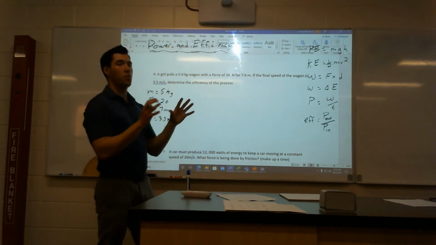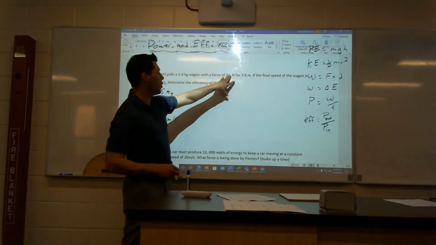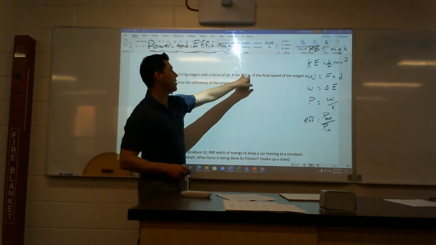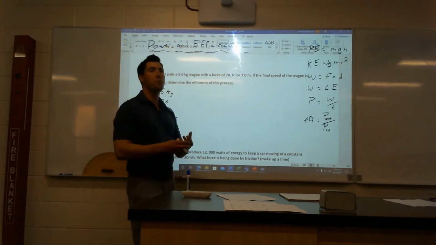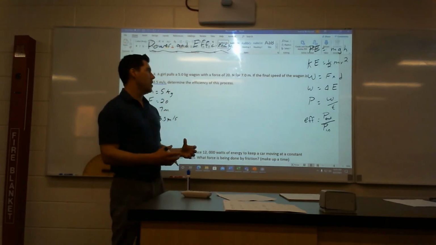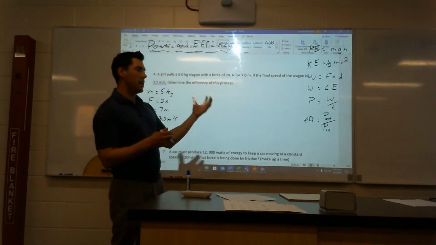And I can find work two ways here. There's the work that she actually put in. She gave a force, and she had a distance. So technically, she put in a force here. The output is the actual velocity. What output did this give her? What speed is her actual wagon moving at now? And so we can also find technically the output work. So we're going to have work in versus work out here.